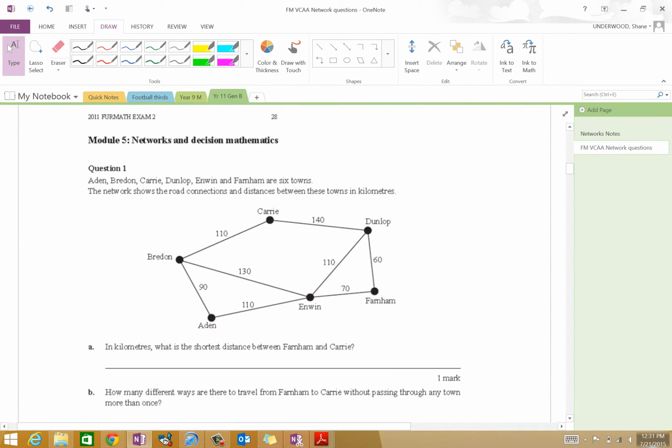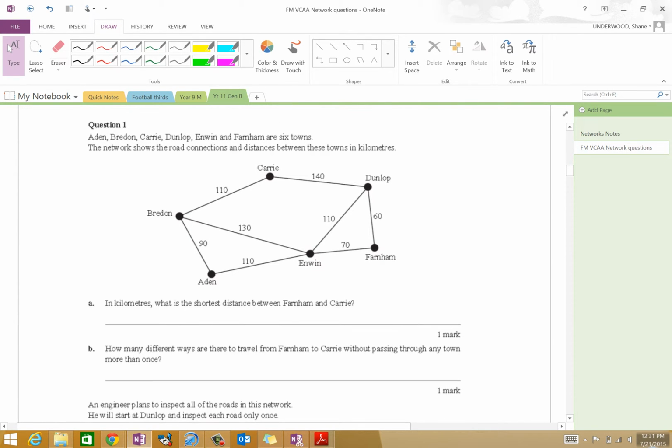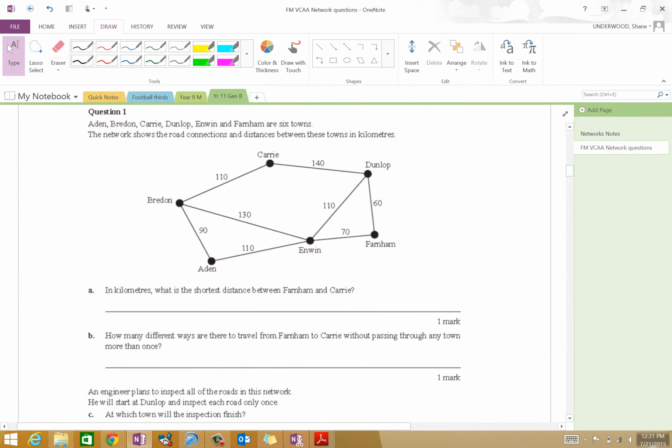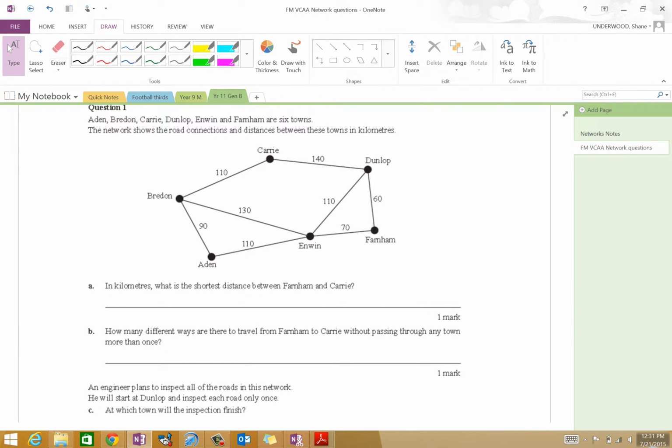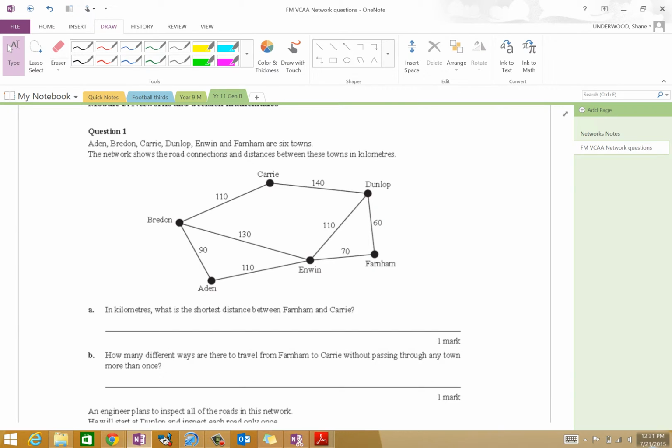All right, now let's have a look at this one. The network shows the road connections. In kilometres, what is the shortest distance between Farnham and Carry? So we've got to get from here, and go to there. So we can go 60 and 140 is 200.